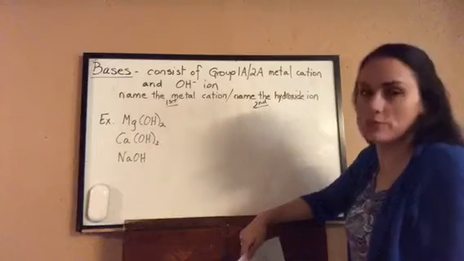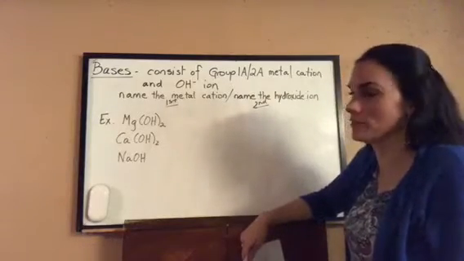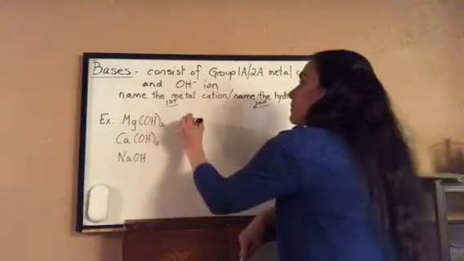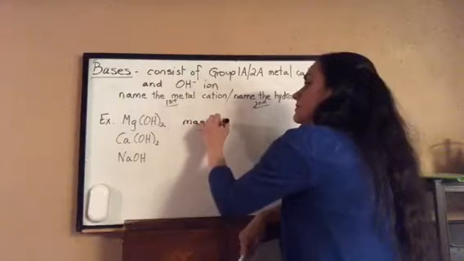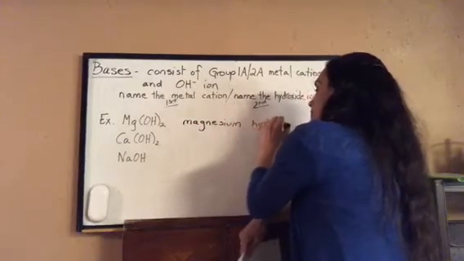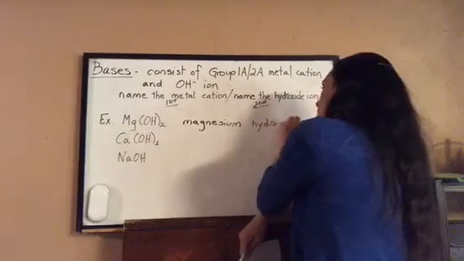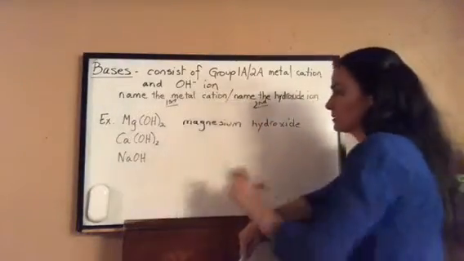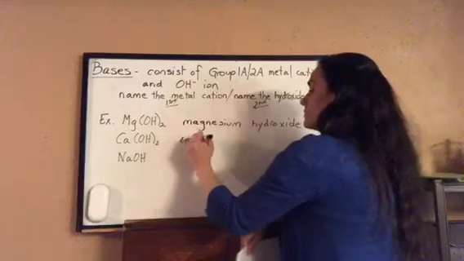This compound right here is a base. It's the active ingredient in Phillips milk of magnesia. Magnesium is the metal cation. Hydroxide is the anion. Magnesium hydroxide. Next substance, calcium hydroxide.